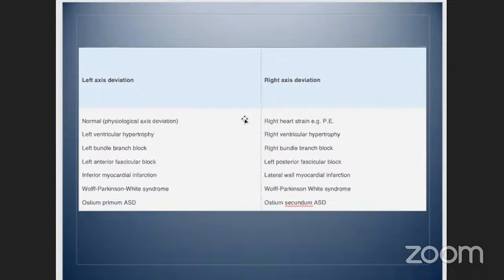Anything that is aberrant or deviates from that, we can put in a differential diagnosis and think perhaps this is a cause. The important thing when looking at ECGs is not necessarily to remember the entire list of different causes, but to be able to identify the abnormality, and then we can search the differential for that.